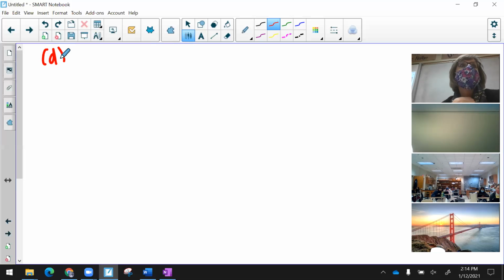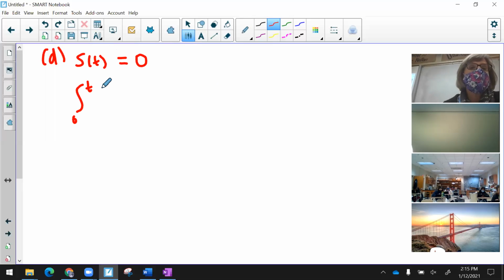Tia. The position. And what's the symbol that I'm using for position? Yeah. So I want to know when S of t will be equal to 0. So remember that my S of t is my integral from 0 to t of f of x dx, and I want to know when that's equal to 0.